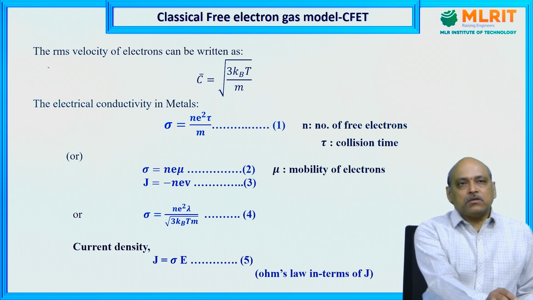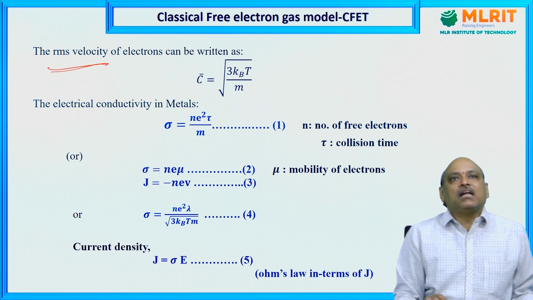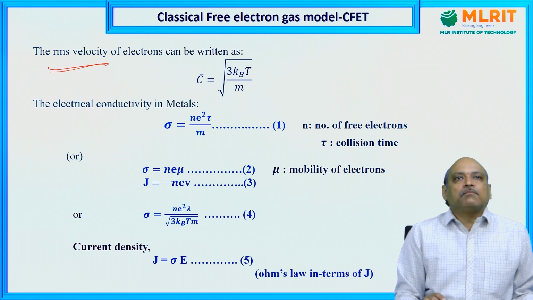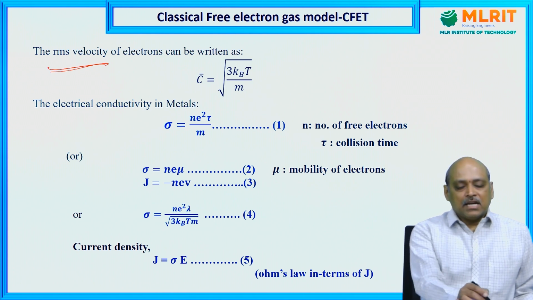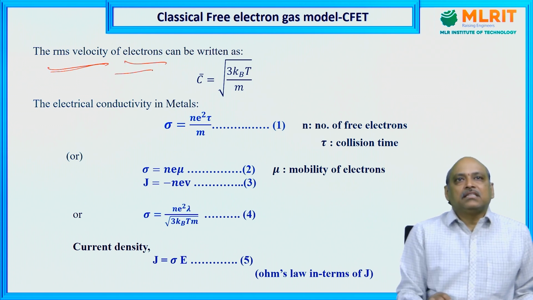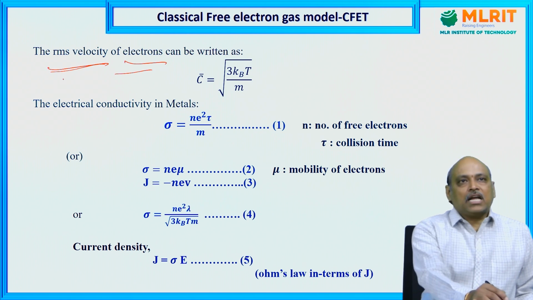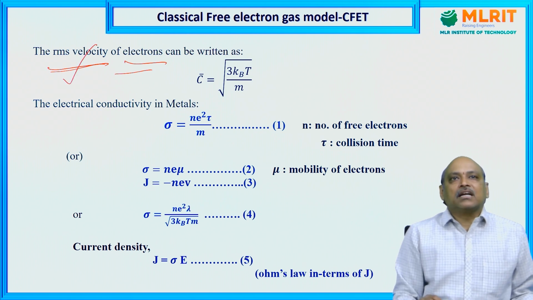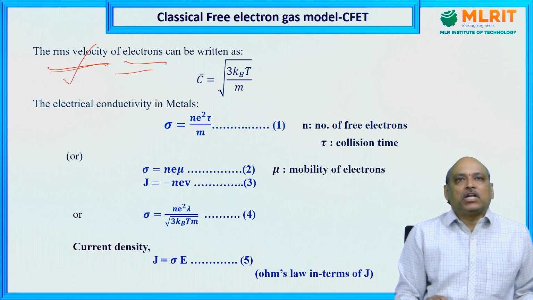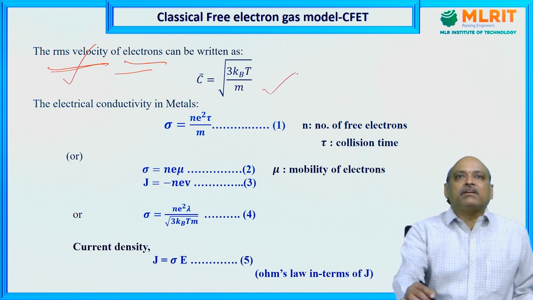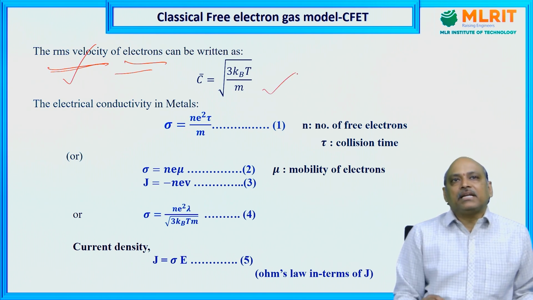According to this theory, the RMS velocity of gas molecules is generally considered, but here electrons are behaving as gas molecules. So, the RMS velocity of electrons is equivalent to the RMS velocity of gas molecules. Whatever equation we have written there, the same equation can be written for the moving electrons also.